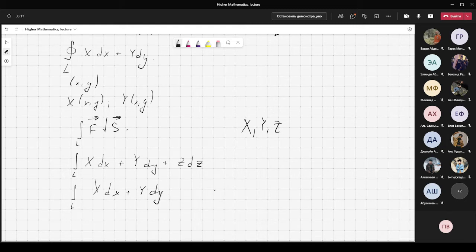When the line integral of a vector function F is taken along a closed curve L, this line integral is also called the circulation of the vector F over the closed contour L.